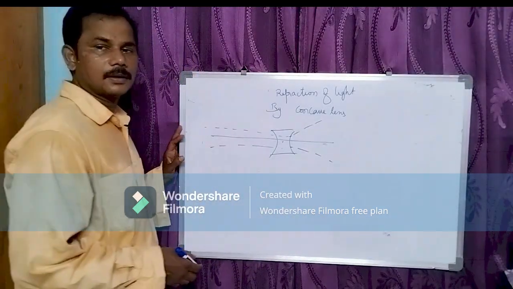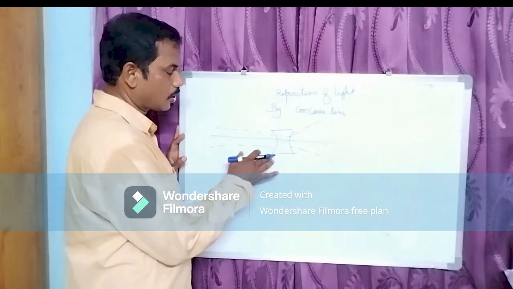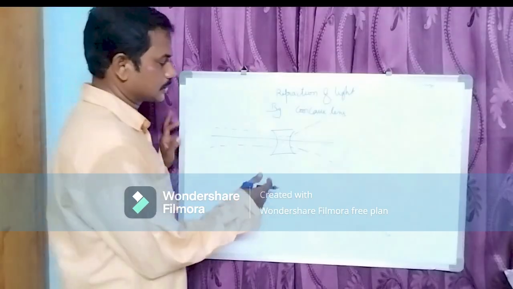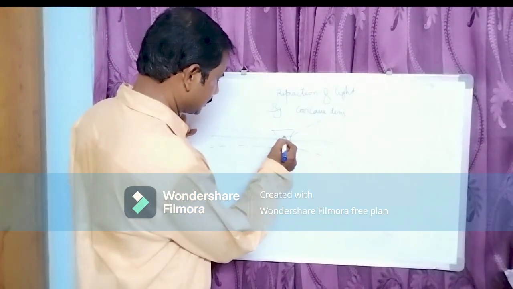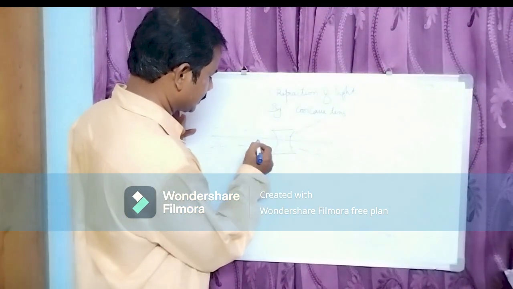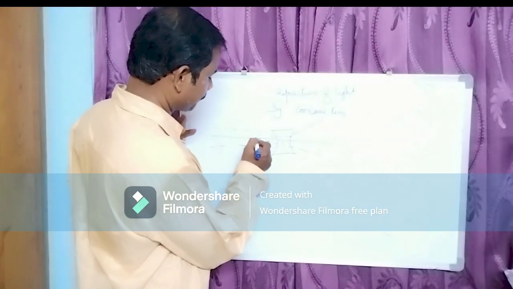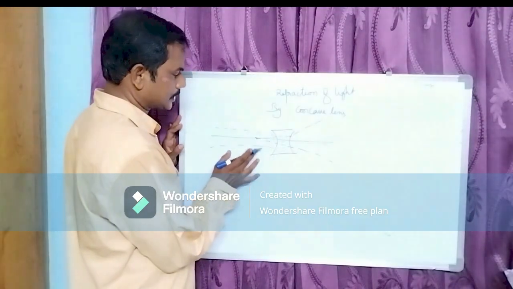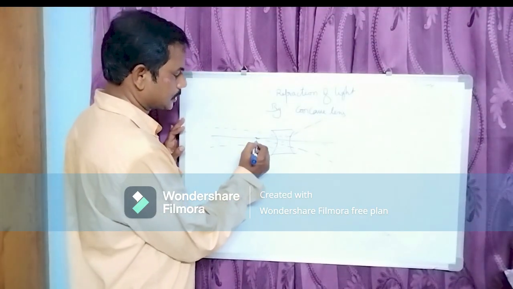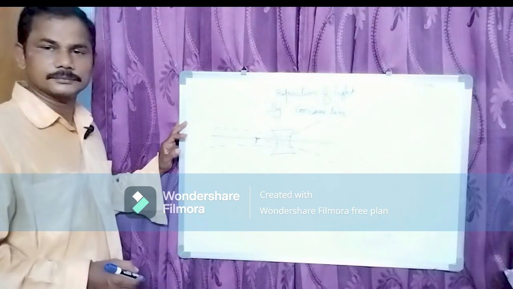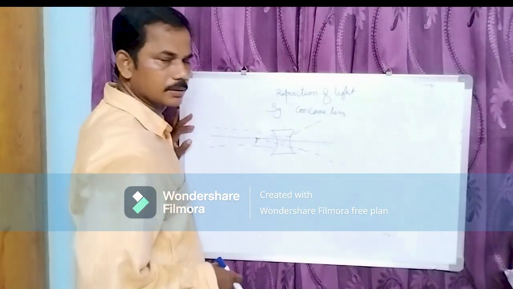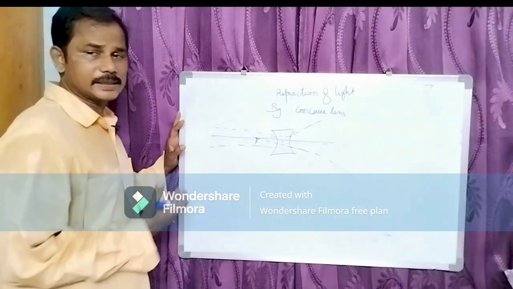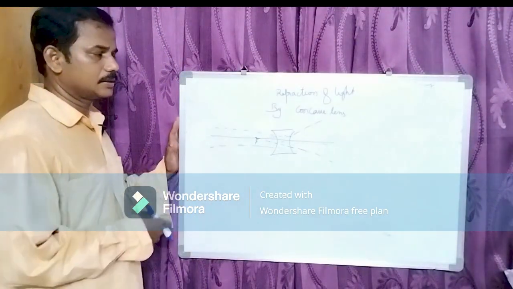That's why concave lenses are also called divergent lenses. Convex lenses are convergent lenses and these are divergent lenses. If you extend these divergent rays, they will converge at some point on the principal axis on the same side. This is called F. Now here we get the image. The image is highly diminished, erect.